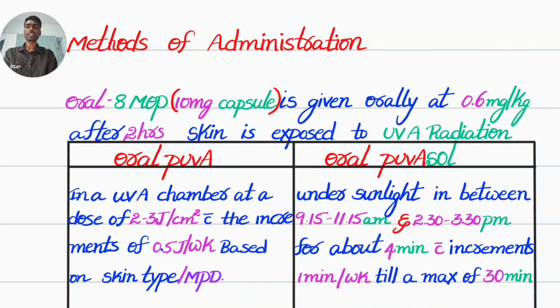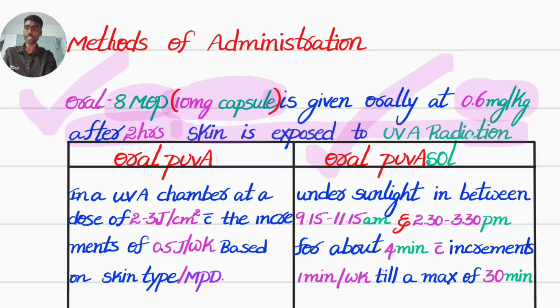Coming to different types of PUVA. First, oral PUVA or oral PUVA sol. We will give 10 mg capsules of 8-methoxypsoralen based on weight, 0.6 to 0.8 mg per kg, and wait 2 hours after taking the tablet for it to reach skin and accumulate well, then skin is exposed to UVA radiation.